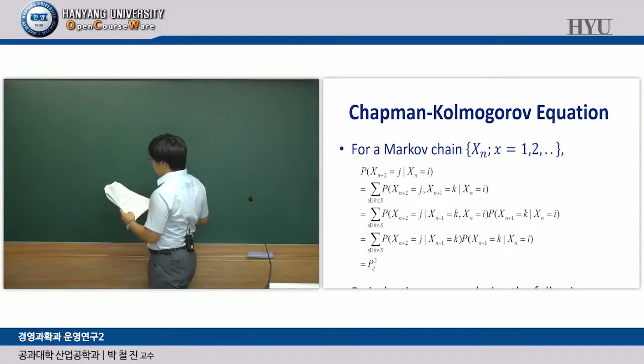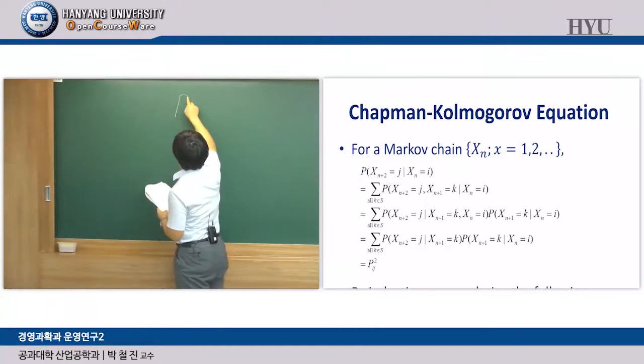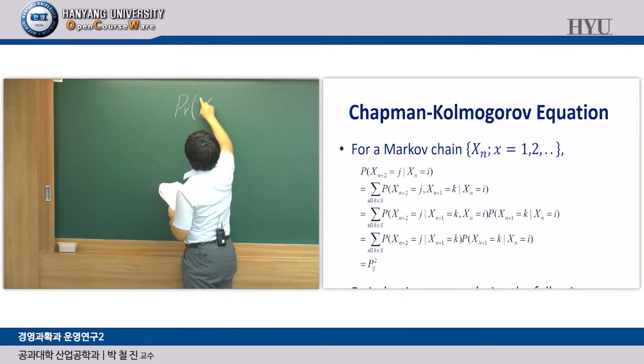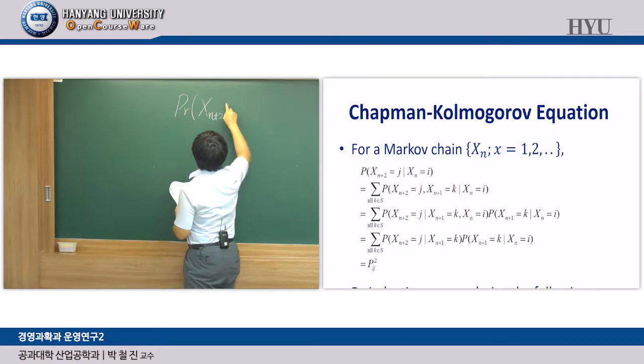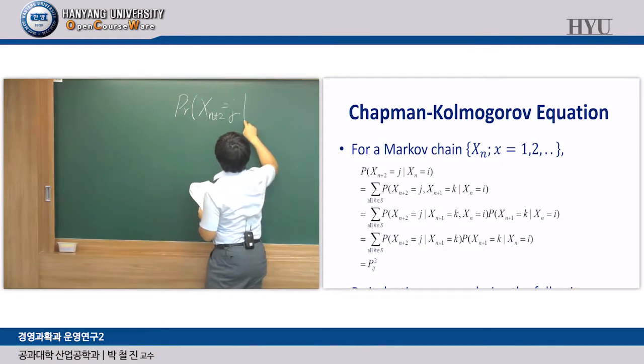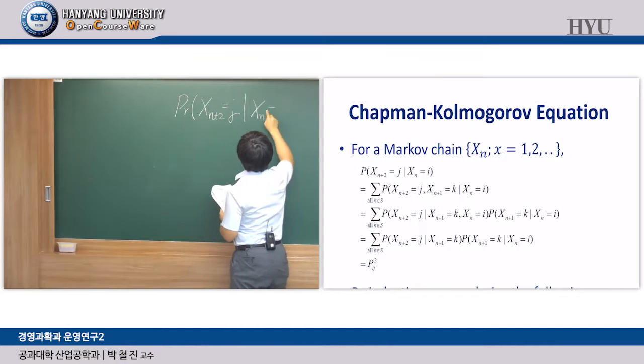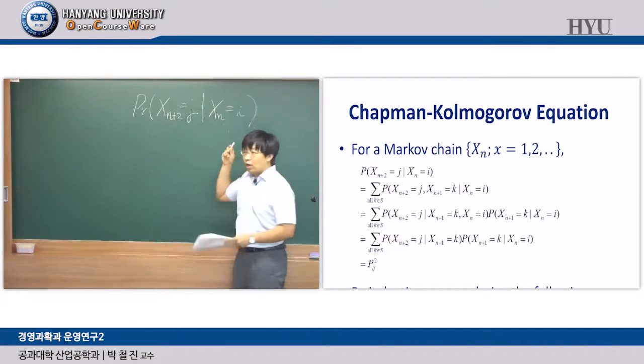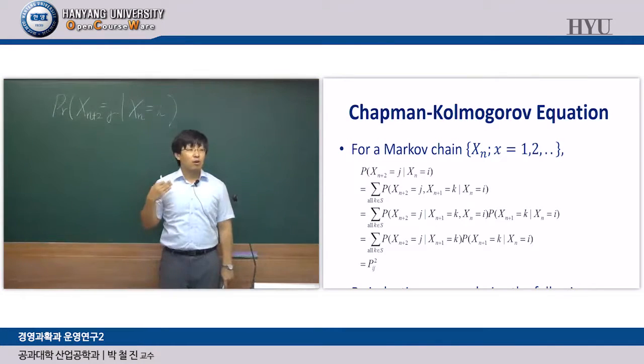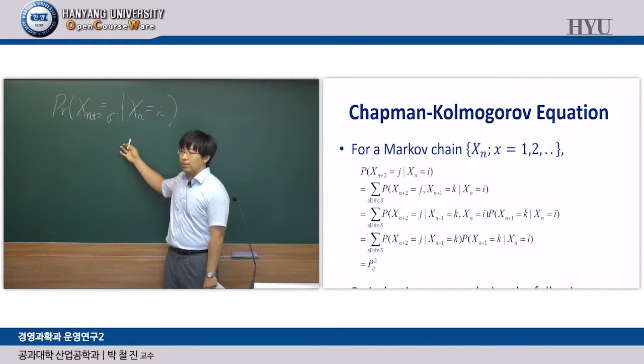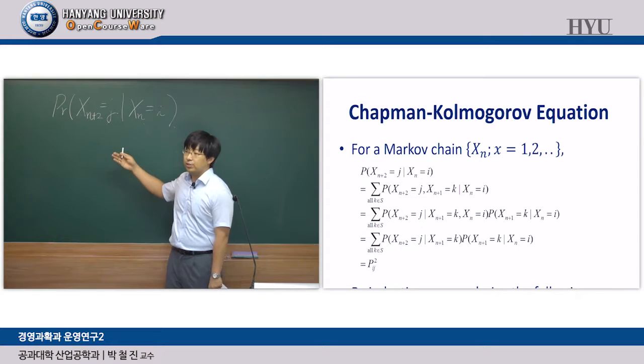So if we consider this probability, X_{n+2} equals j, given that X_n equals i. And we assume that we already know all possible one-step transition probabilities in this structure. Okay? Then how can we calculate such conditional probability? That's the question.